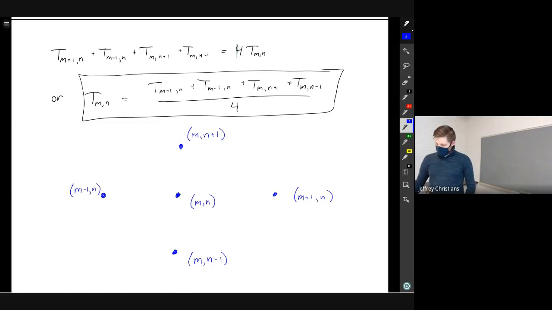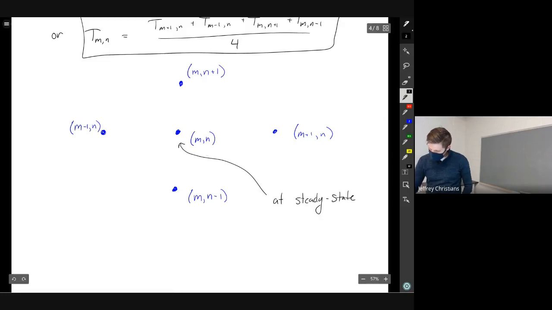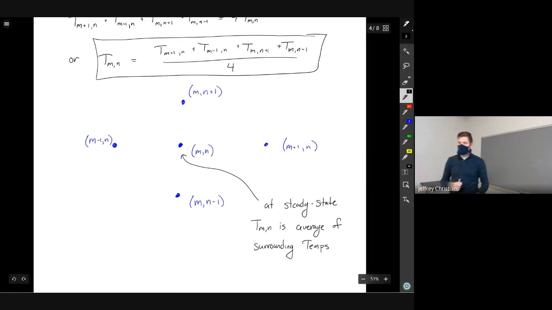So at steady state, we can think of the temperature at this grid point as not the weighted average, just the average of its 4 surrounding temperatures.